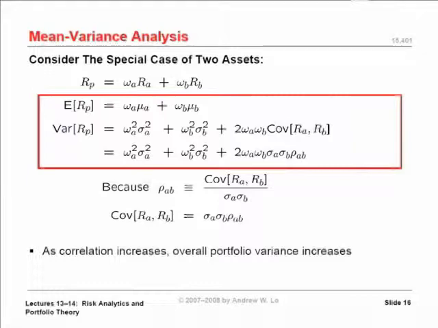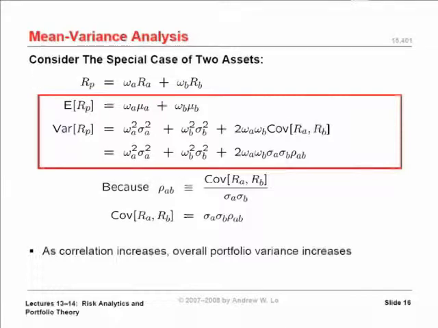Now the variance of these two securities when they are put into your portfolio is going to be simply omega A squared times the variance of A plus omega B squared times the variance of B. And now you only have one cross product to worry about because you've only got two stocks, right?